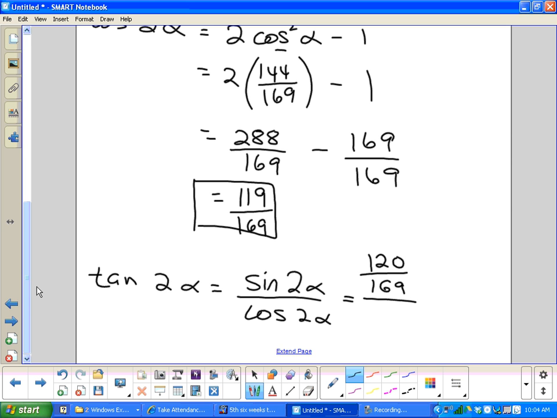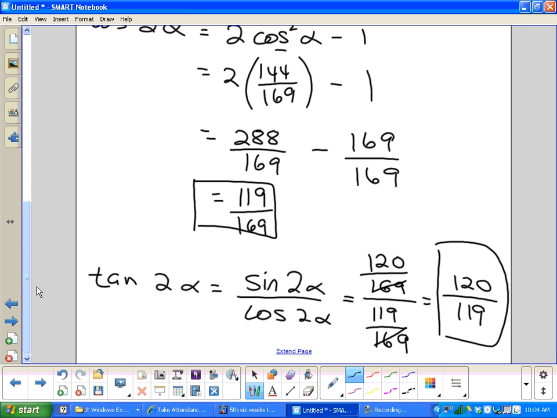And then the cosine was 119 over 169. Now we all know what's going to happen there. The 169s will cancel. So we'll just get 120 over 119. And truth is, I'm only going to work that first example out the first time with tangent. For the most part, we can probably do this without any work. We'll just write down the answer for the tangent.